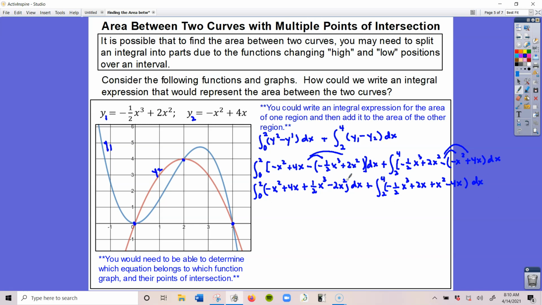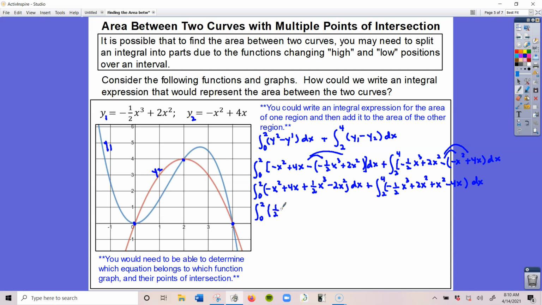We can combine some like terms here, right? Because in this first one, we have these 2x squared, as well. So we can combine like terms. So we have the integral from 0 to 2. I'm going to write this also in standard form.